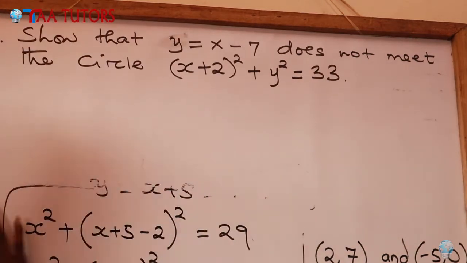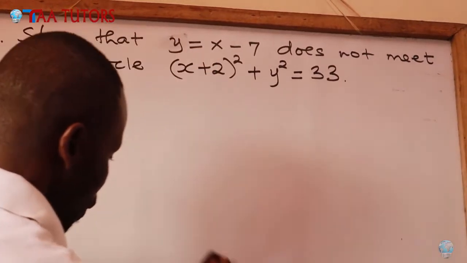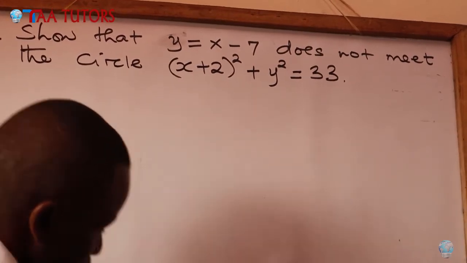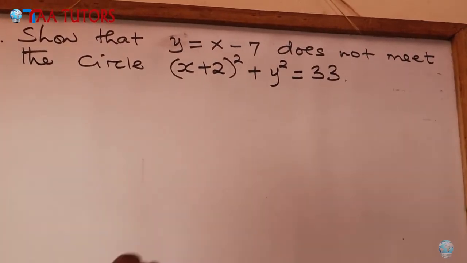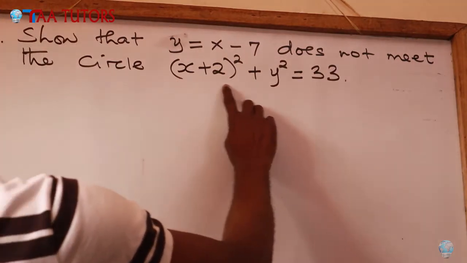So viewers, this is very simple compared to what we have done in the first example. We are supposed to determine that the line y equals x minus 7 does not meet the circle with this equation.